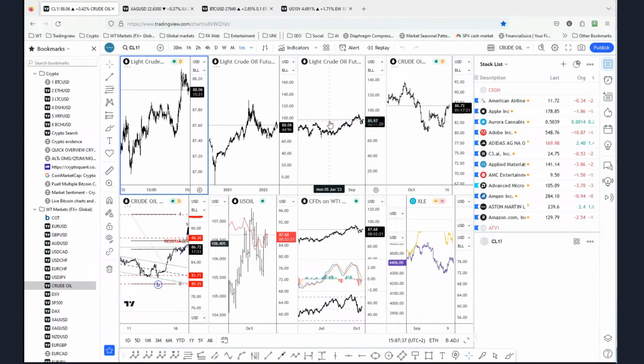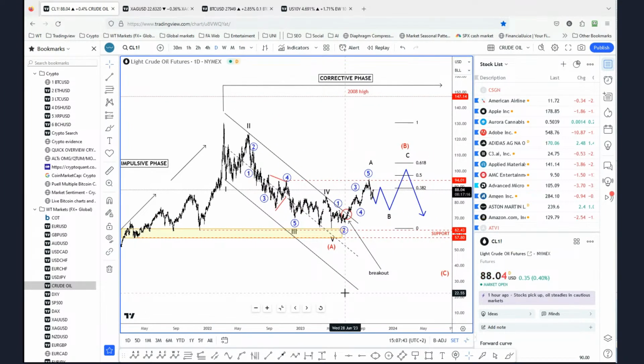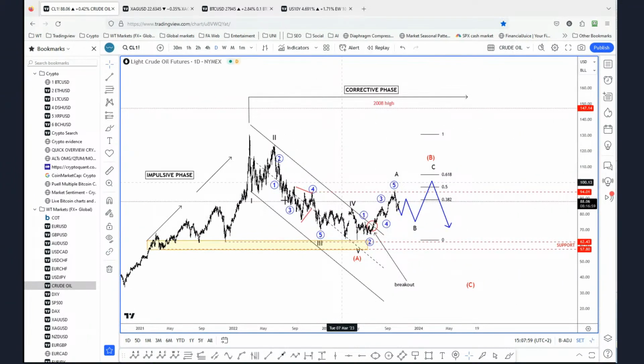So I still think crude oil is in a recovery mode. Obviously, I will be looking for more upside as well, but just let's say for the next 2 weeks, 3 weeks, I still think that there is a chance that crude oil will firstly test the lower support levels. So if we firstly revisit this structure here, you can see that we might complete this wave A of a higher degree drop, and we are now in a wave B correction.